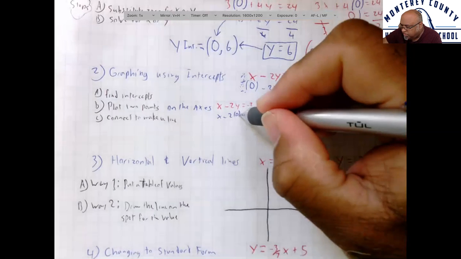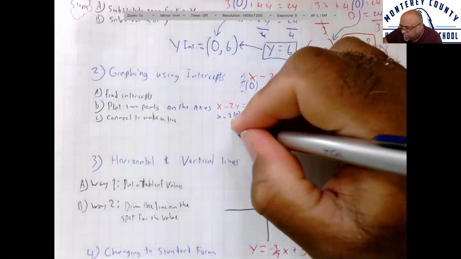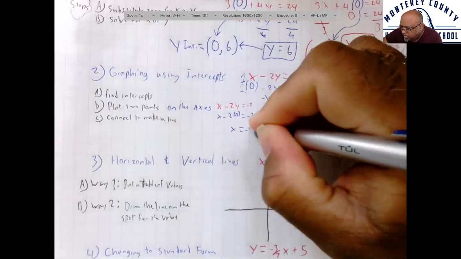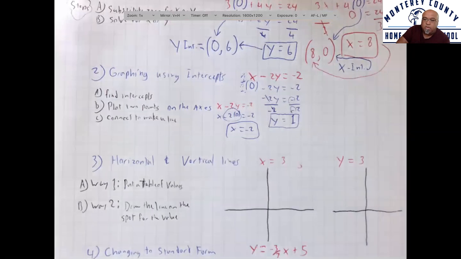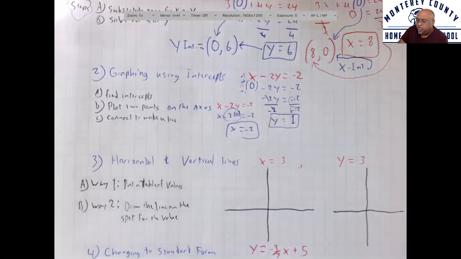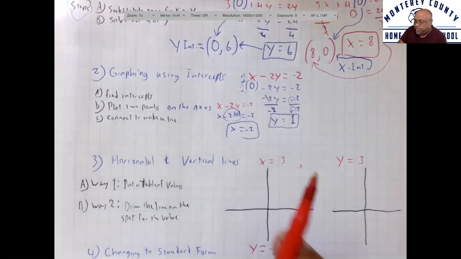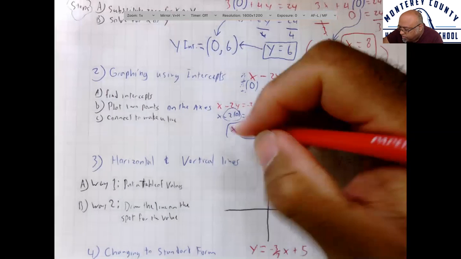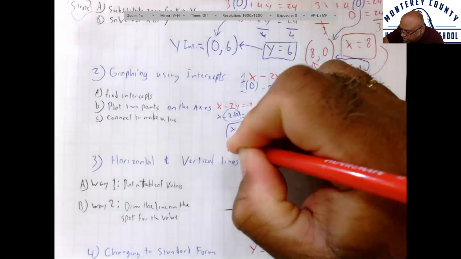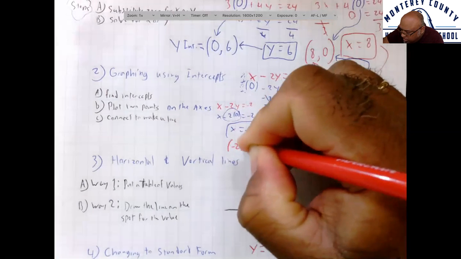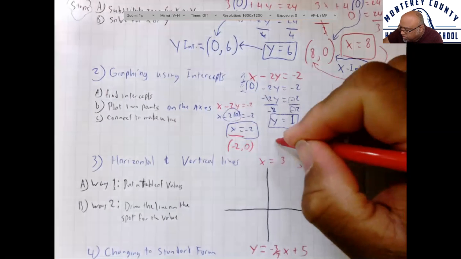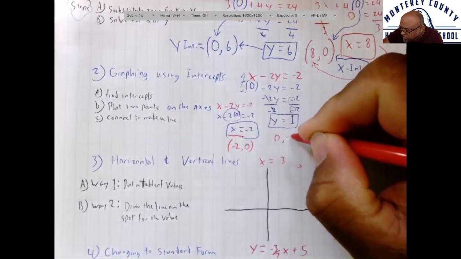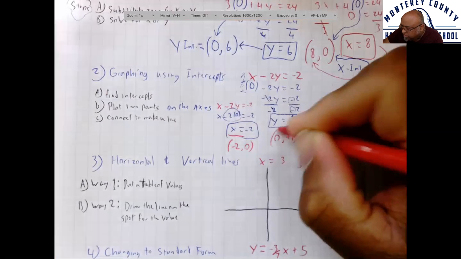Negative 2 times 0 is 0, so now I have x equals negative 2, because the 0 canceled out that entire statement right there. So if I were to write these as ordered pairs, I have (-2, 0) for this one, and I have (0, 1) for this one.